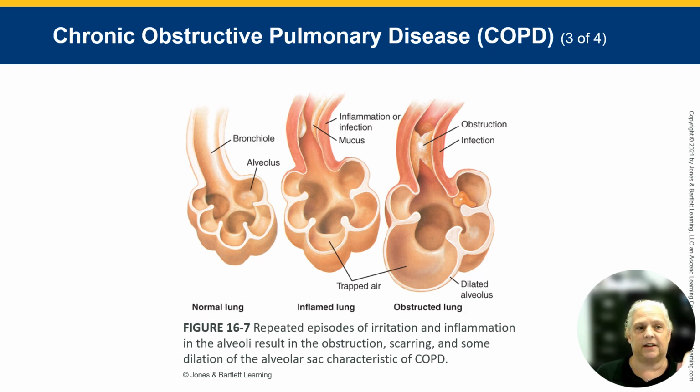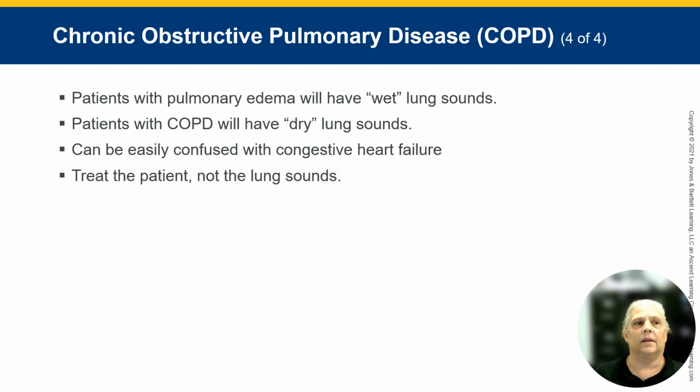Figure 16-7 shows the bronchial and alveoli through the different disease process. Some of the differences between pulmonary edema and COPD is our patients with pulmonary edema, they're going to have what we call wet lung sounds, bronchi crackles.